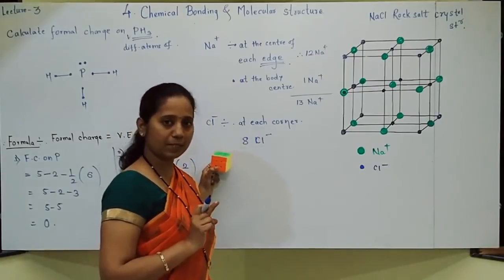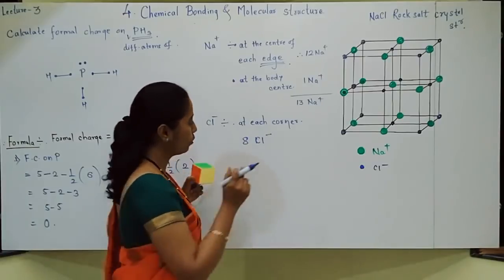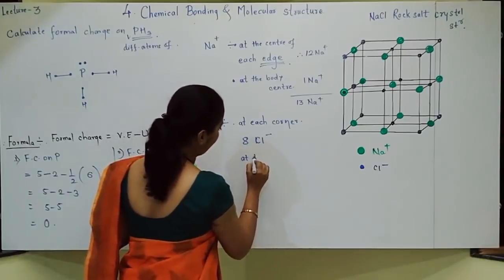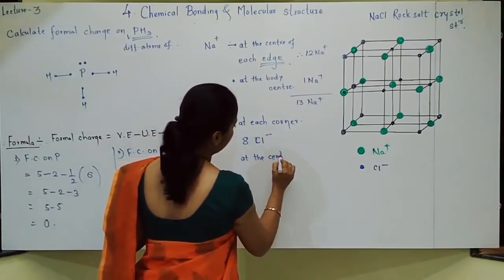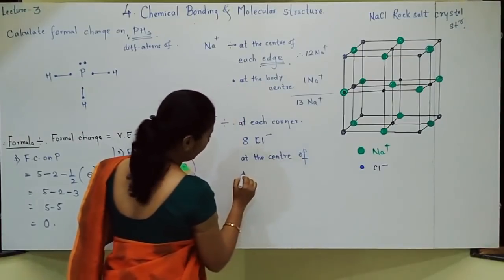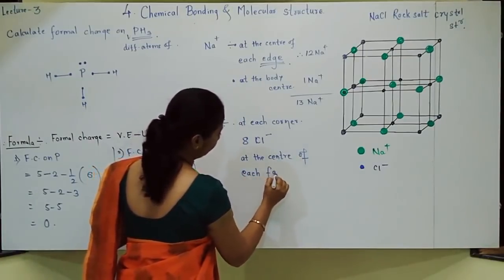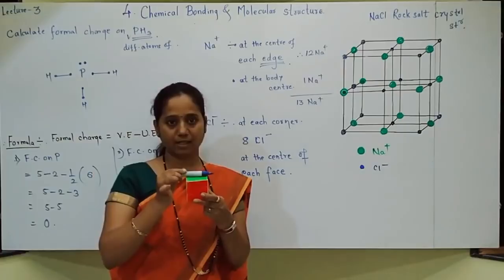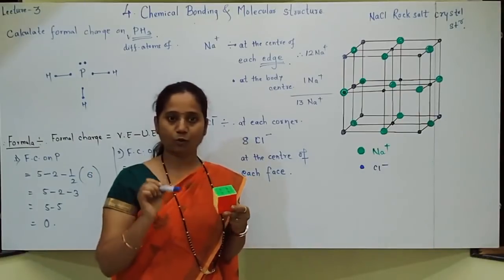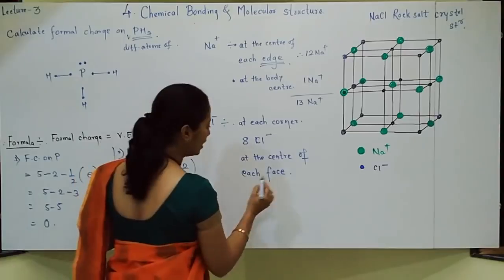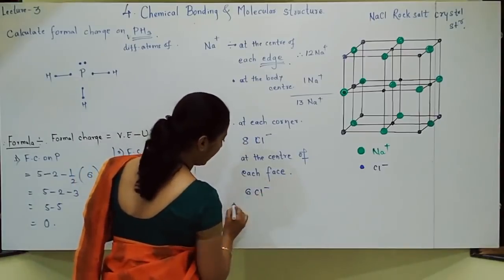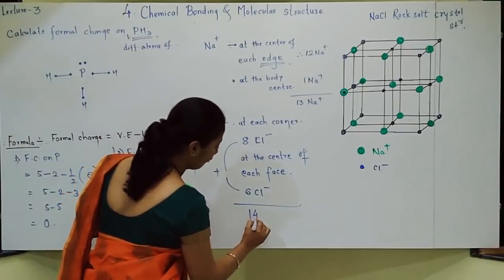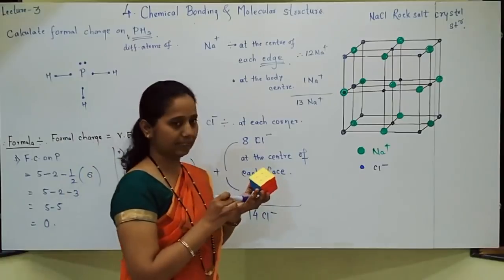And at the center of each face, how many faces are there? Total faces 6. At the center of each face means 6, and that's why the total will be 14 Cl minus.